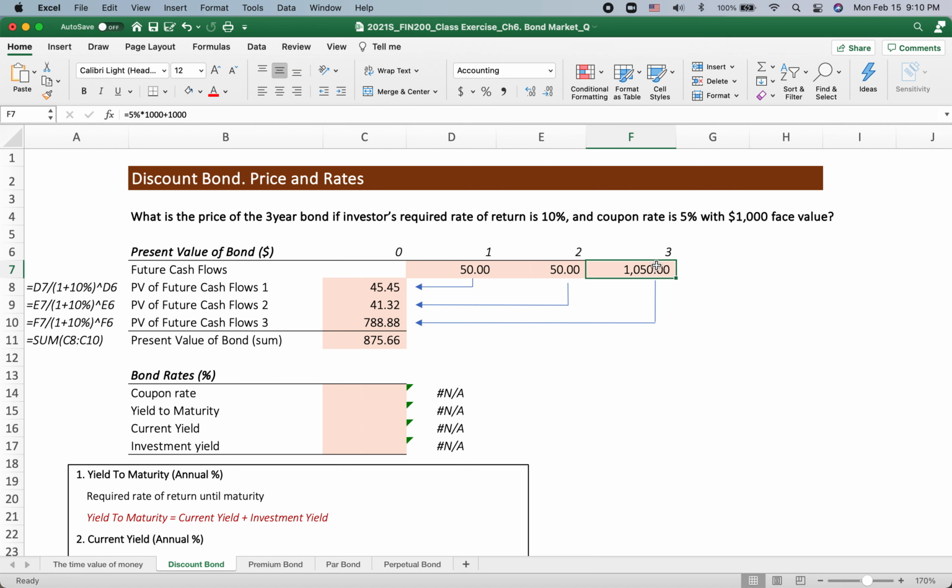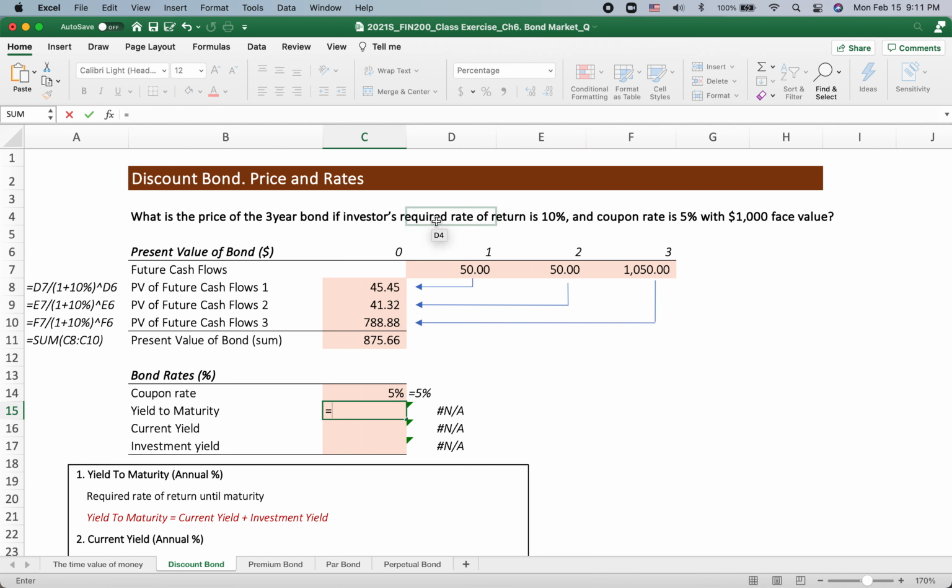The difference between the $1,000 face value and 875. You purchase at the discounted price of 875, but you receive 1,000. But you receive only 5% of the coupon. Then let's identify: the coupon rate is again the 5%. This is fixed when this bond is issued. And then yield to maturity, which is the required rate of return.